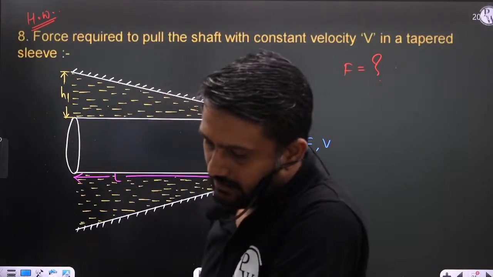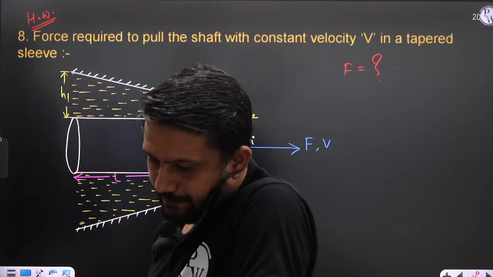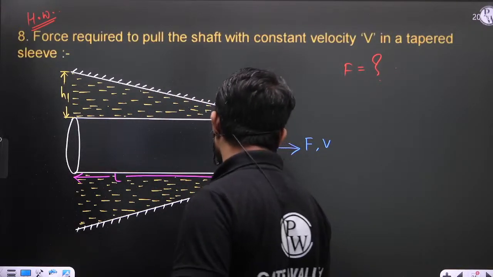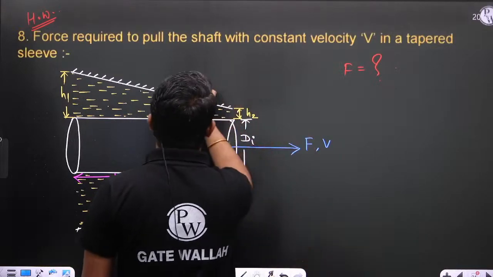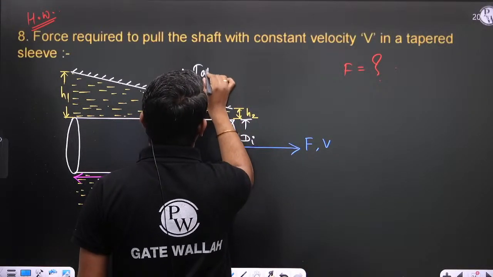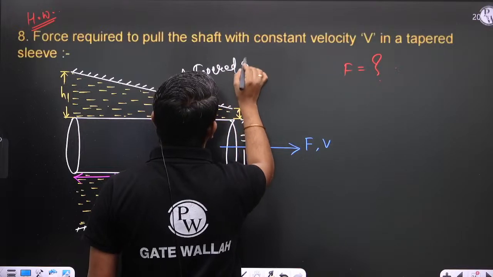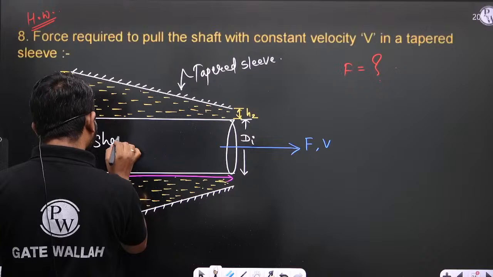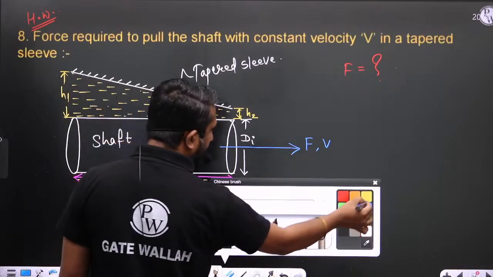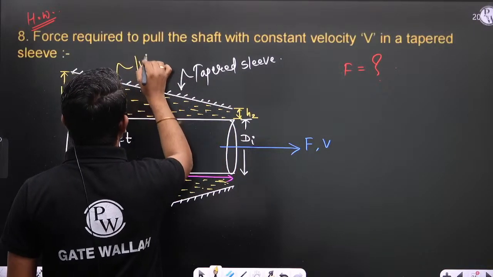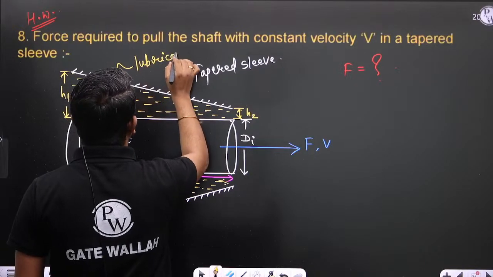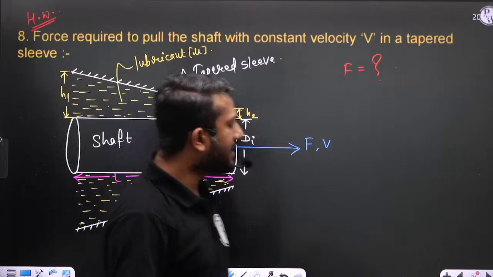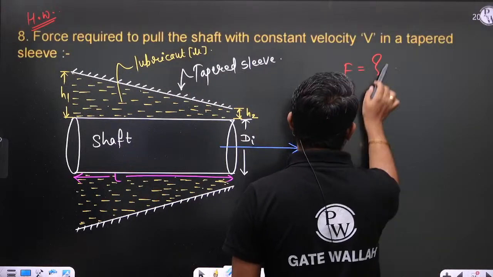Okay, so I think this is enough for today. Tapered sleeve. This is shaft. And this is the lubricant, and this lubricant having dynamic viscosity mu.